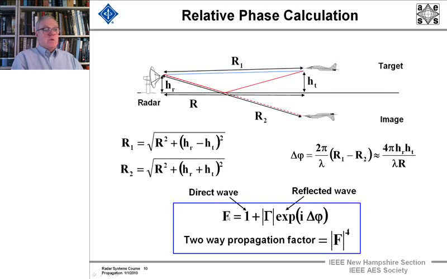Here's the direct, and when we look at what we see here, the propagation factor for just is 1 plus the magnitude of the reflected wave plus the phase factor. And I want to note that there's a change of phase of pi at the surface when there's a reflection here. So there's a -1 factor that comes into play. So the two-way propagation factor would be F to the 4th, this quantity to the 4th power.